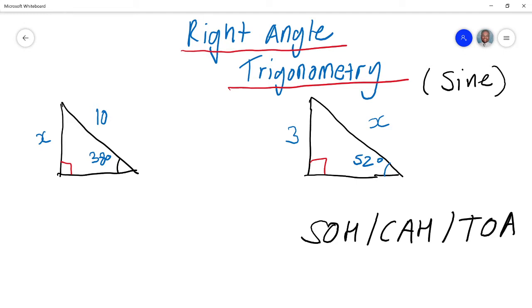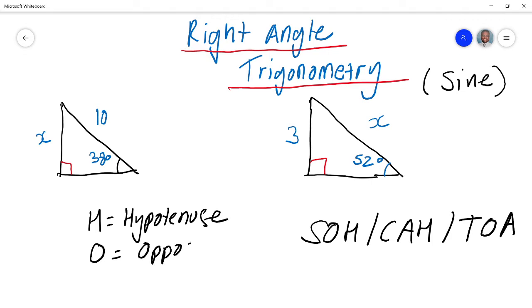All right, and like I said before, in right angle trigonometry you need to identify my three sides. So one is your hypotenuse, O is my opposite, and A is my adjacent. So these are the three lengths of a right angle triangle.